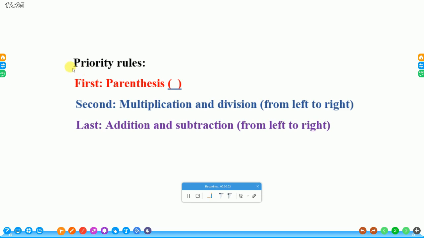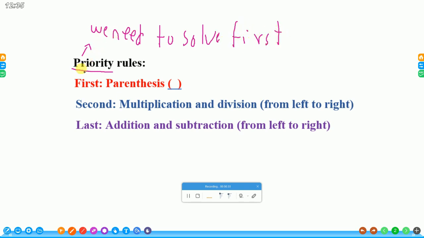Now, let's see what these priority rules are. First of all, the word priority means which operation we need to solve first. The operation that has a priority and an advantage. Which one do we need to solve first? First of all, in any expression, we need to solve what's between parentheses.